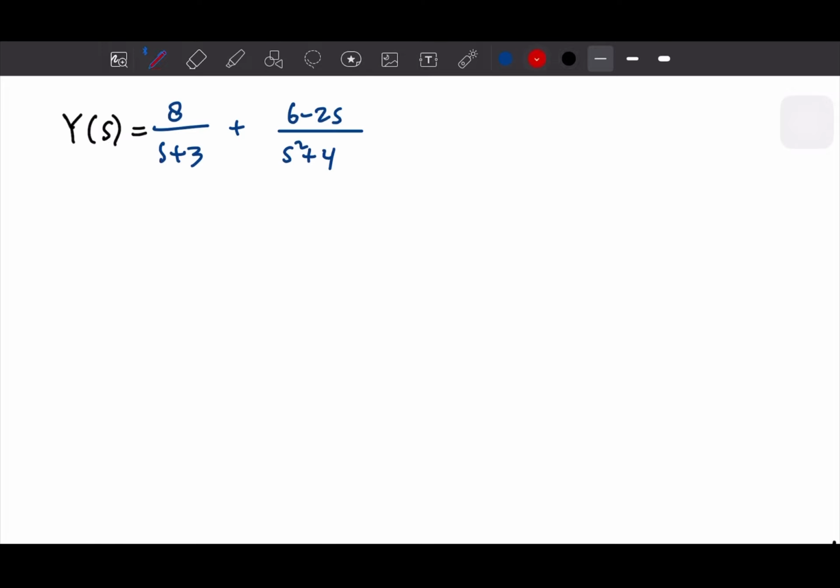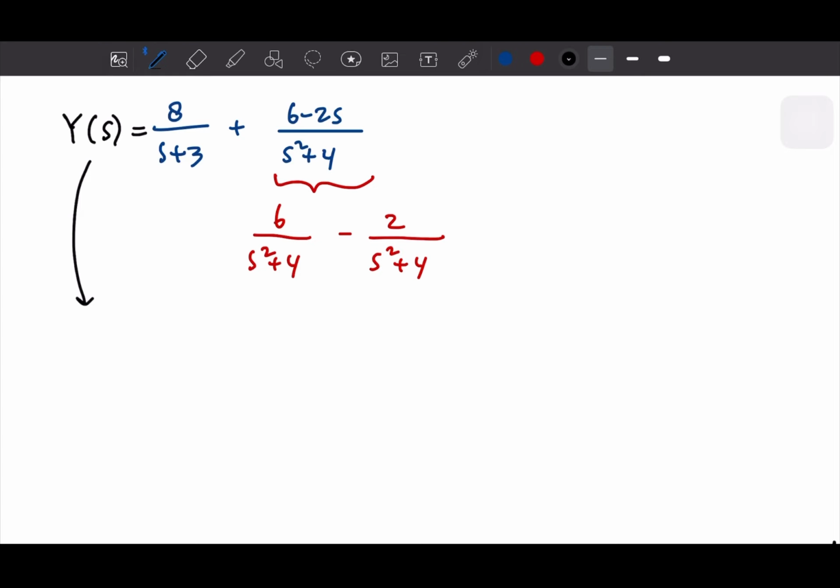Now we could see that this part here we can write in terms of 2 fractions. So we have 3 fractions that can be easily inverted, right? We can inverse all of this. So we take Laplace inverse.